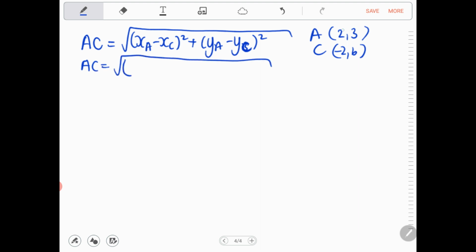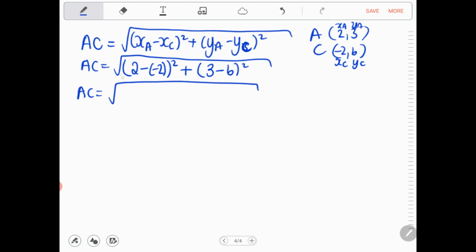All right, so we have x at A, y at A, x at C, y at C. Okay, so we've got 2 minus, again, be careful, negative 2 squared. If you're subtracting a negative, you're going to have to put it in a bracket, and 3 minus 6 squared. So that's going to give me 2 plus 2, which would be 4, and this would be negative 3 squared.